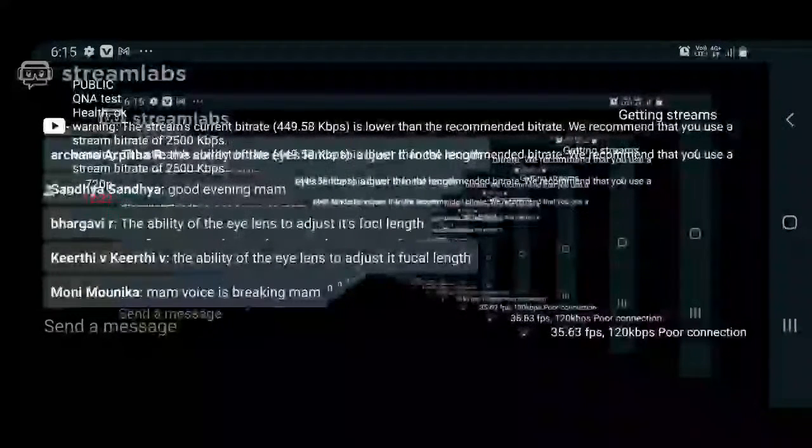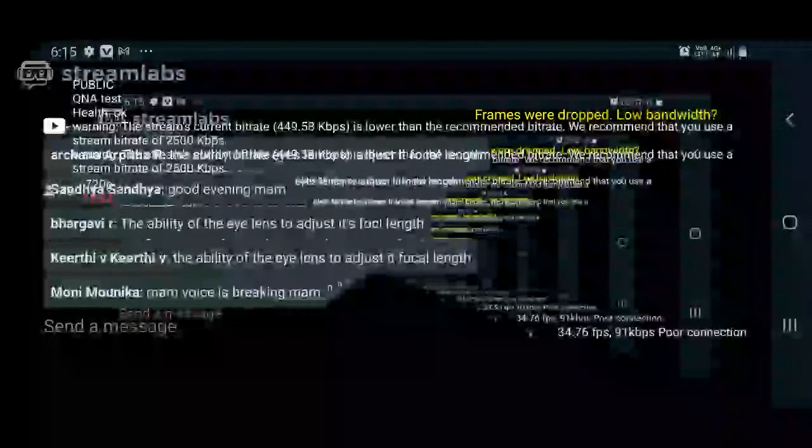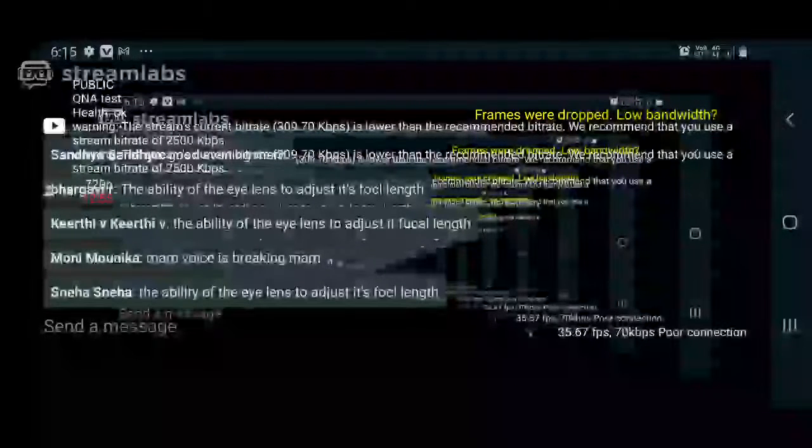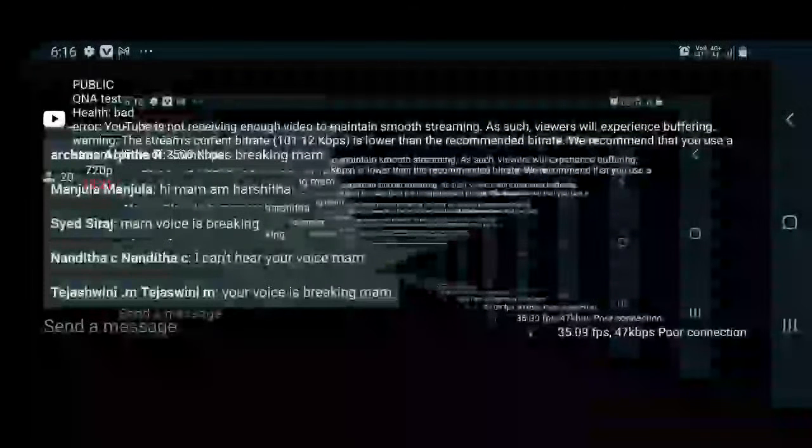Okay, shall I reveal? Now the answer is I is equal to Q by T.